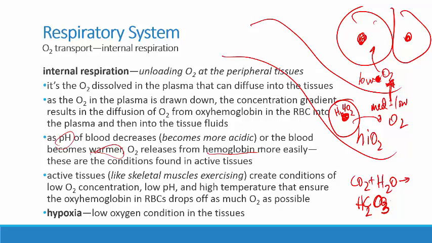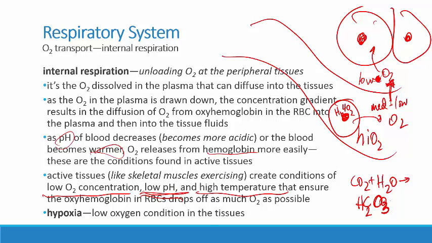Because we have low O2 concentration in the cells, low pH and relatively high temperature as we're exercising, the process creates the best possible environment for stripping the oxygens off of the oxyhemoglobin molecule.